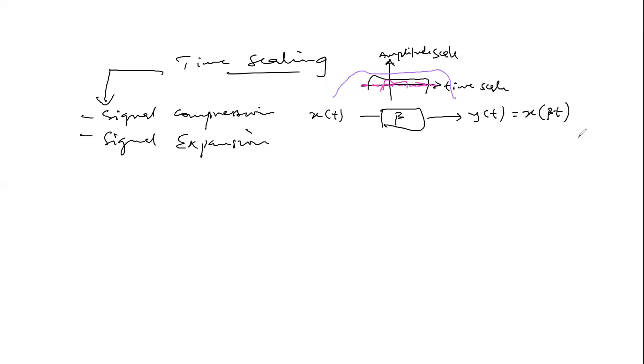Okay. Now, the same thing applies for signal expansion. So we have a signal fed into a system that will operate on it such that the time scale is expanded, this being beta t.